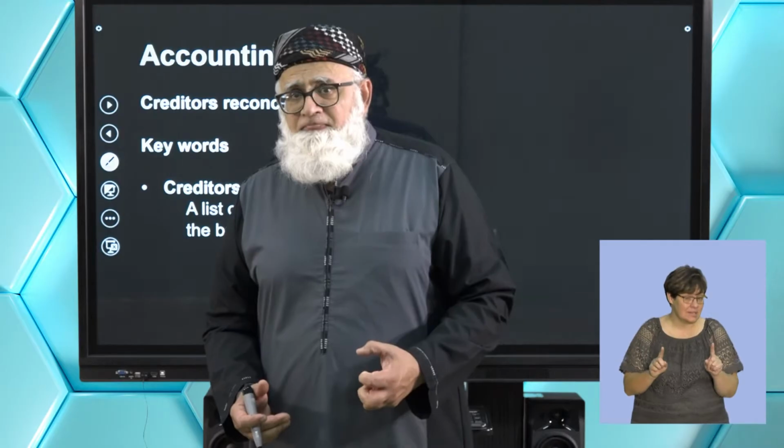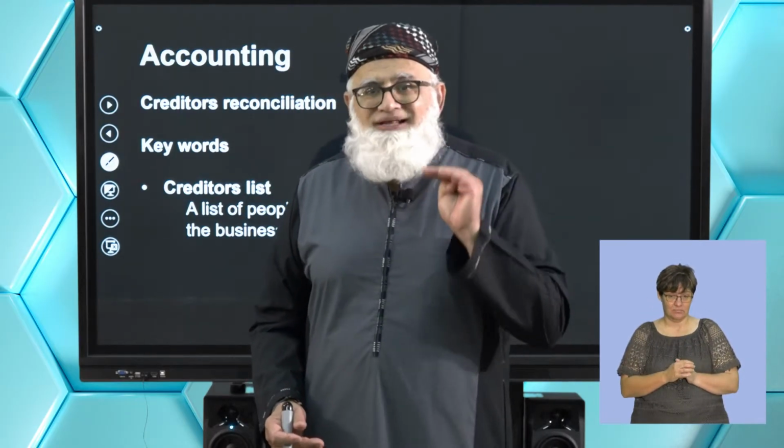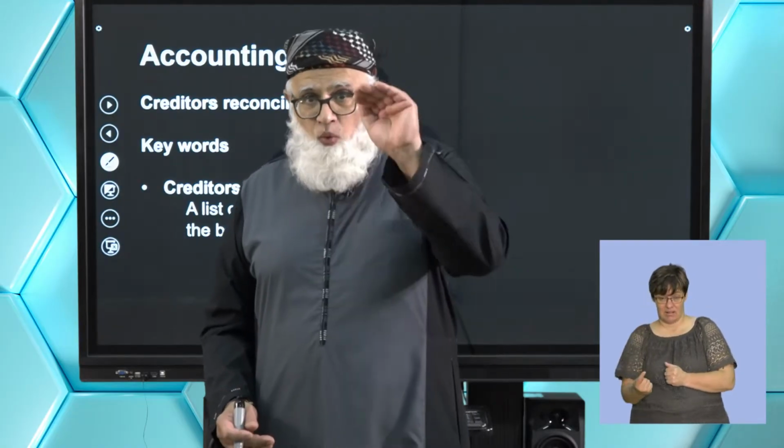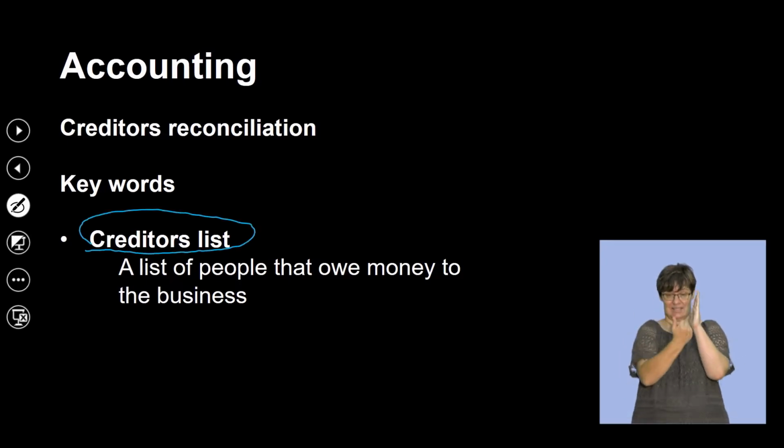However, keep this in mind, that if you take your individual creditors one by one and you extract what we call a creditors list, now remember, this creditors list is an extract of your creditors ledger.